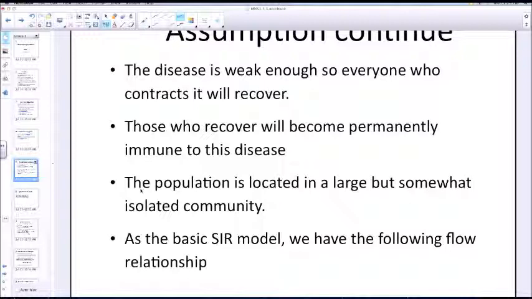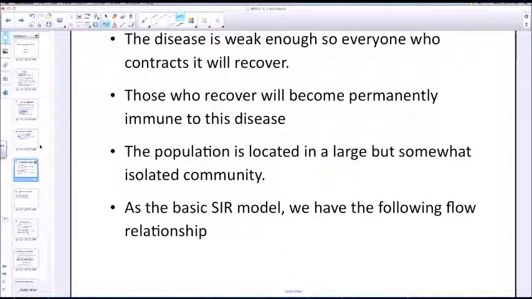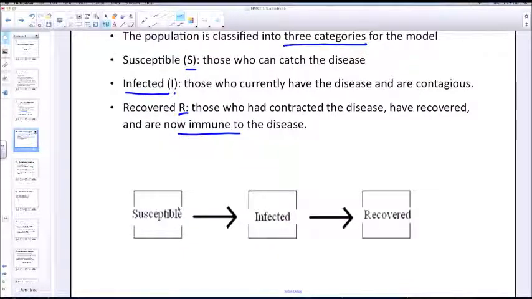And third, the population is located in an isolated community. There's no input or output of people, or immigrants. And as the basic model, we have this relationship like here.